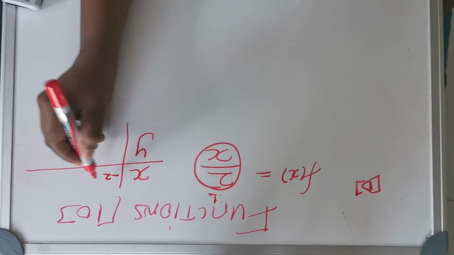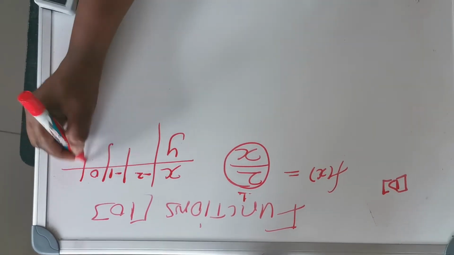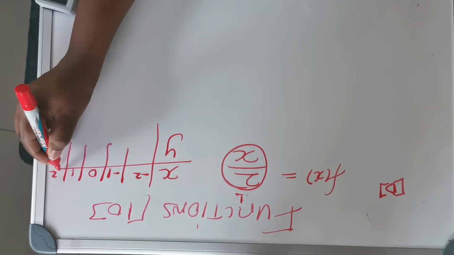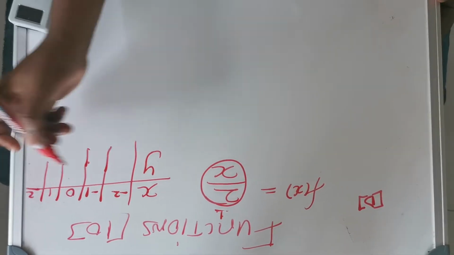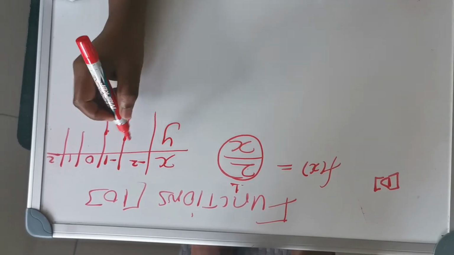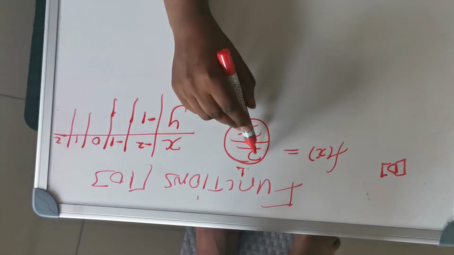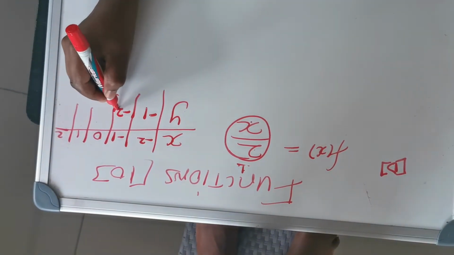Let's put negative 2, negative 1, 0, 1, and 2. Let's put negative 2 here. If you say 2 divided by negative 2, obviously this will give you negative 1. If you put negative 1 here, this will give you negative 2.